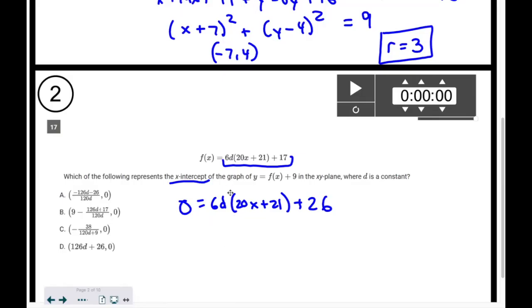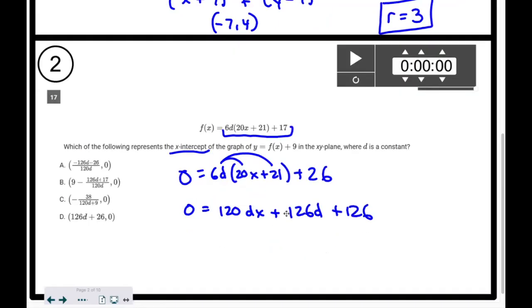So just to get x by itself, I'm just going to distribute. So 120dx plus 126d plus 126. All right, so that's just what I get after I distribute. And then I'm just trying to get x by itself. So I'm going to move these two terms to the left side.